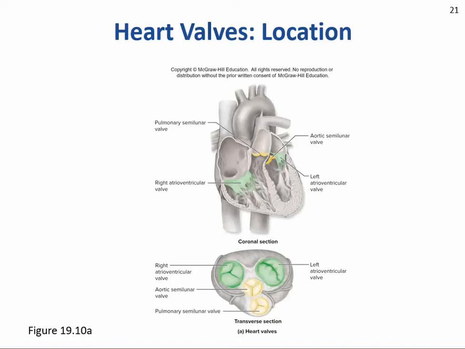The aortic semilunar valve closes first, and then very shortly thereafter, the pulmonary semilunar valve closes. So what you get is, and the sound is longer. That's why the two sounds are slightly different. Lub-dub, lub-dub.